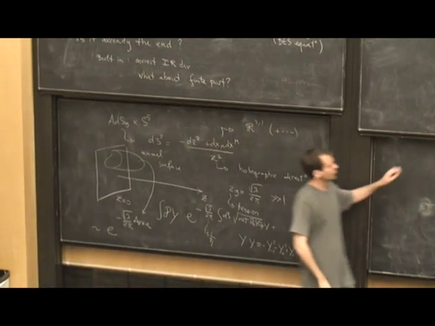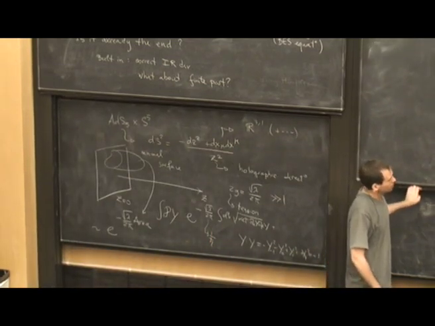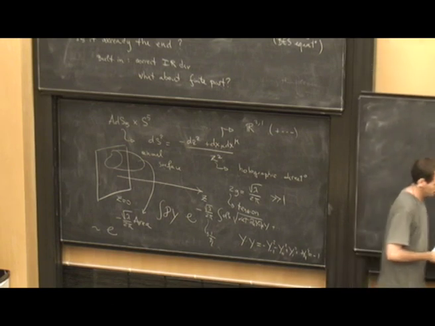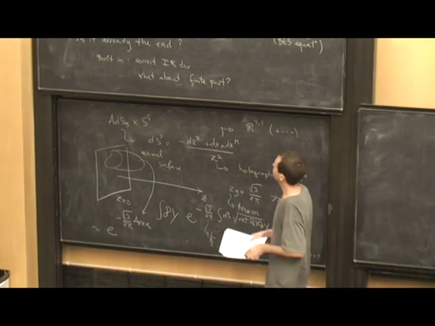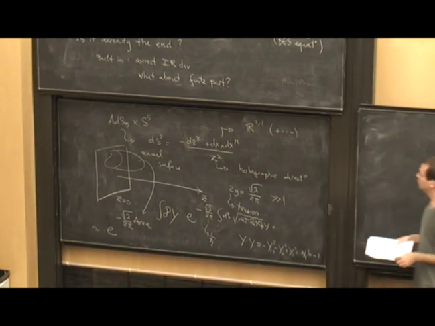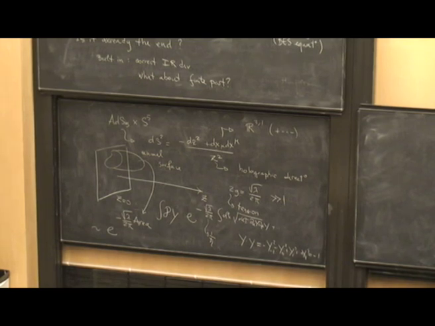So this is a prescription due to Maldacena and other people. For instance, if we wanted to apply it to something which we care about immediately, it would be the computation of this cusp Wilson loop.